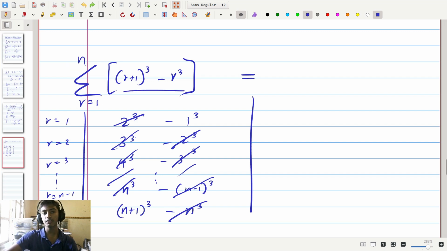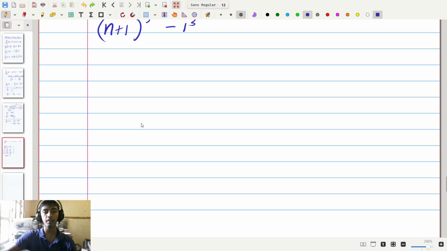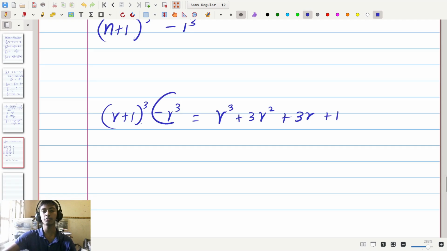If we consider this internal expression and consider simplifying it, we can see that r plus 1 cubed minus r cubed is simply the expansion of r plus 1 cubed minus r cubed. From the binomial expansion, we know that r plus 1 cubed would expand to r cubed plus 3r squared plus 3r plus 1, and then this minus r cubed would be left as a minus r cubed.